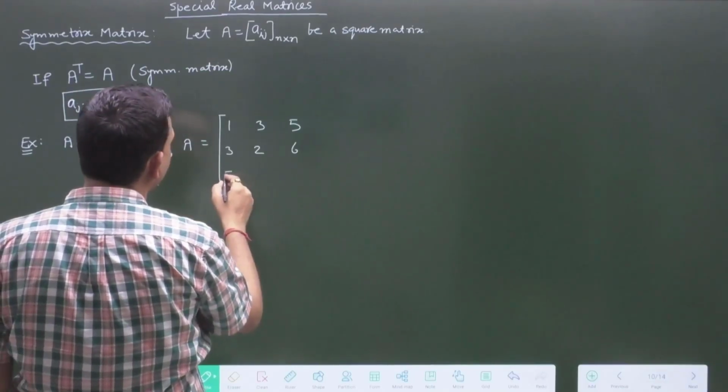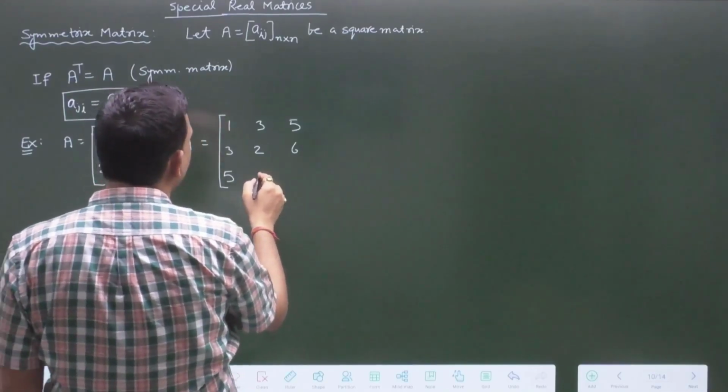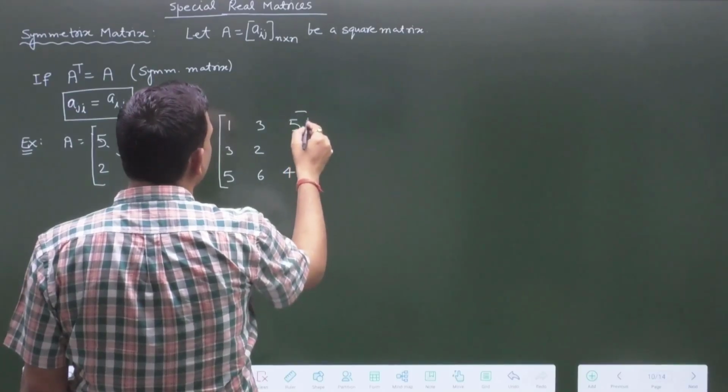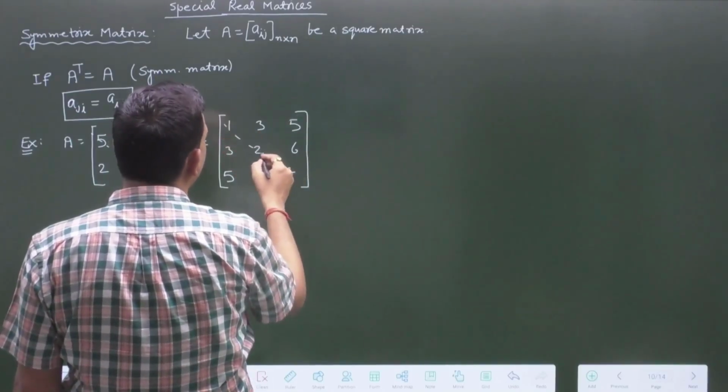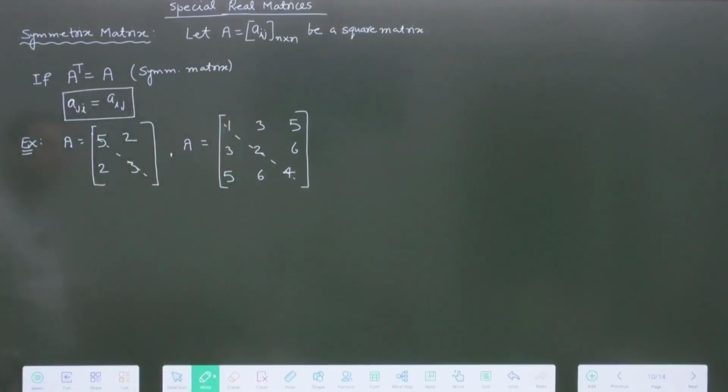This is 5, and this will be 6, and let's say 4. So you will see A transpose is A. So that is a symmetric matrix.